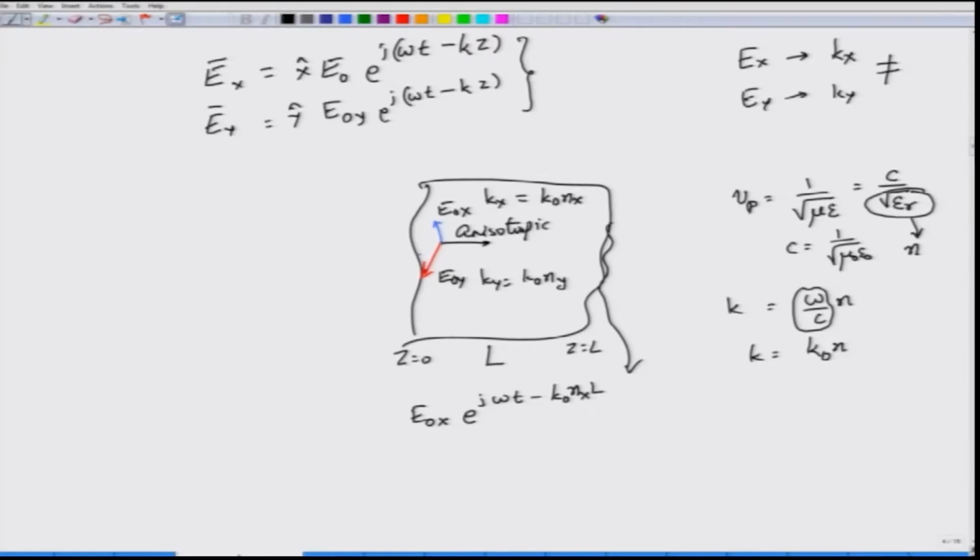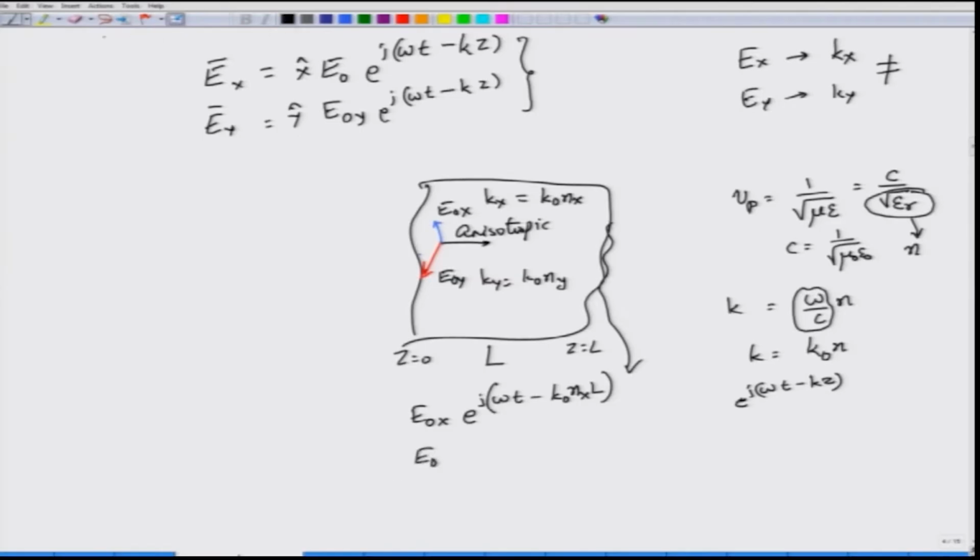Because you have an equation which says e to the power j omega t minus kz, where z would be the distance of propagation, right. So z is any point along the space, and here I am considering the plane z equal to L. So this would be e to the power j omega t minus k0 nx L, sorry, this j is for the whole thing. Similarly, the y field would also arrive.